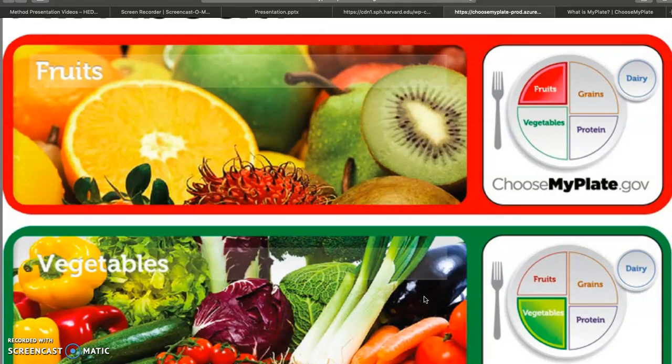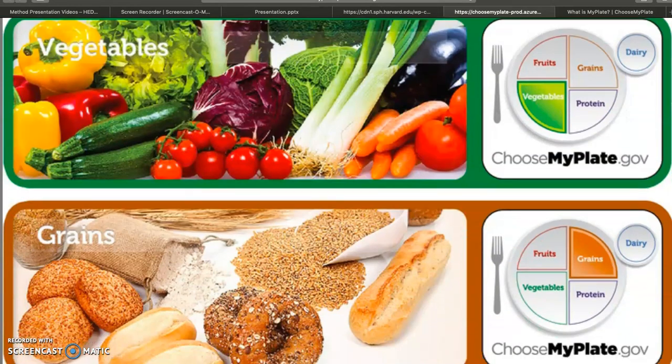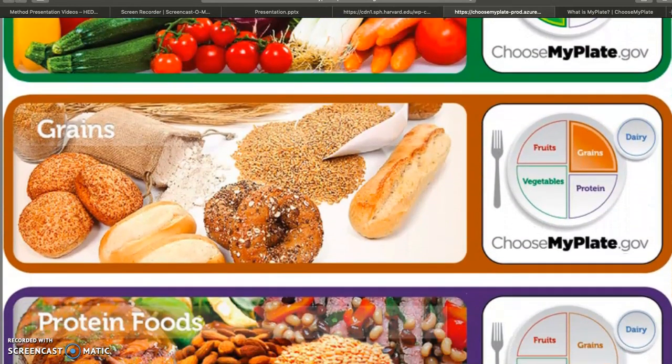And then they give you some pictures, like what's a fruit? And then a little more than a fourth of your plate should be vegetables, any variety of vegetables. Grains, like we said, stick to whole grains, but that should be about a fourth of your plate.